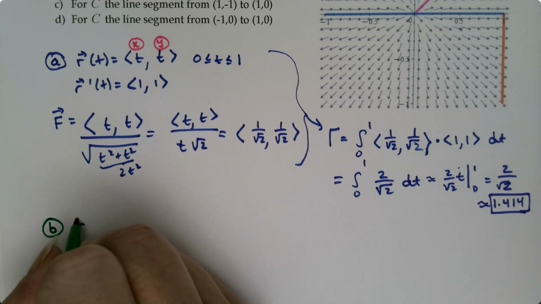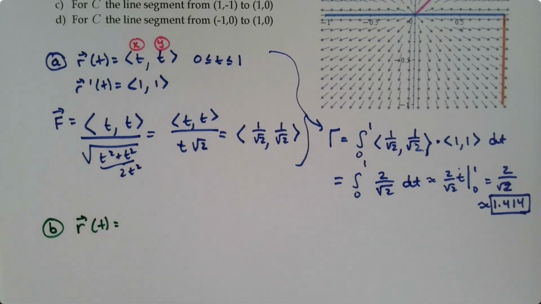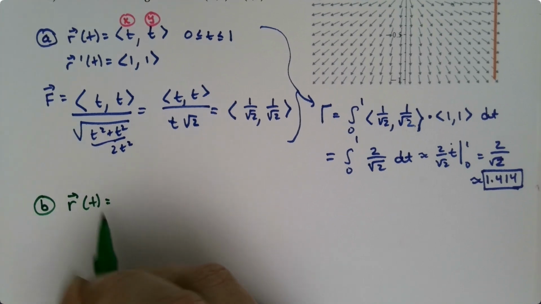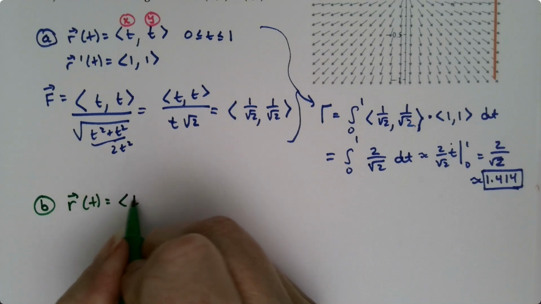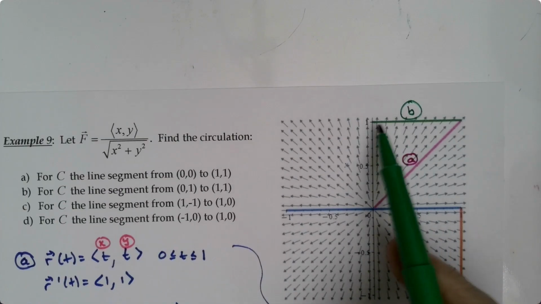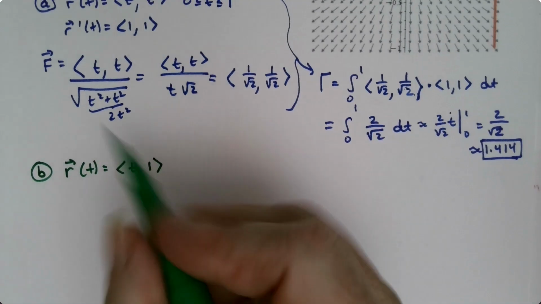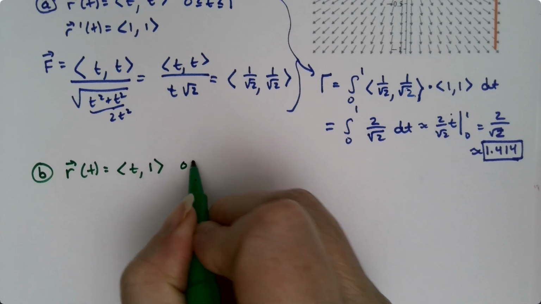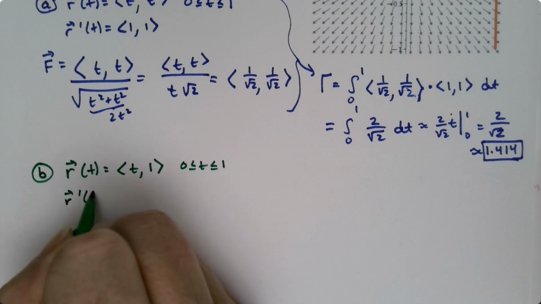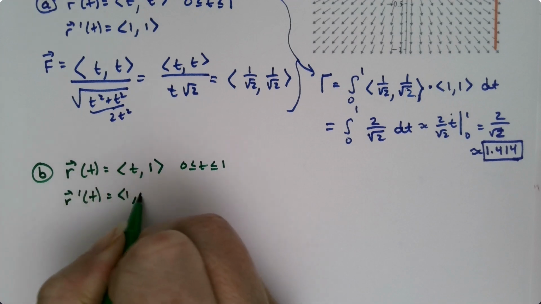We need to come up with a new parameterization every time because all of our curves are different, unlike the last problem we did. All right, so for B, we want t, comma, 1, right? The y value is never changing, it's 1. We're going from 0 less than or equal to t, less than or equal to 1. Our r prime of t is 1, comma 0.